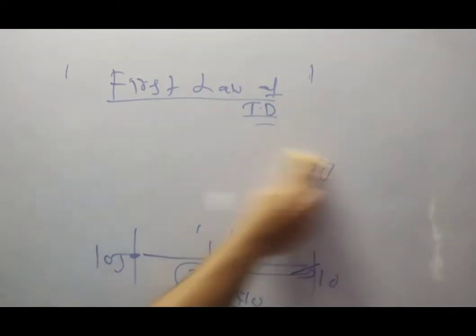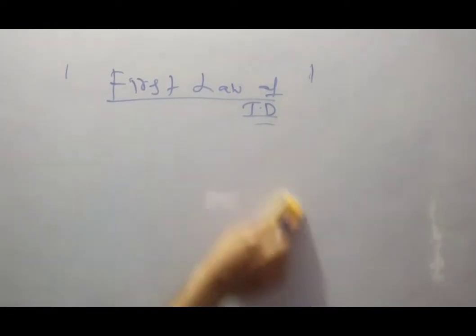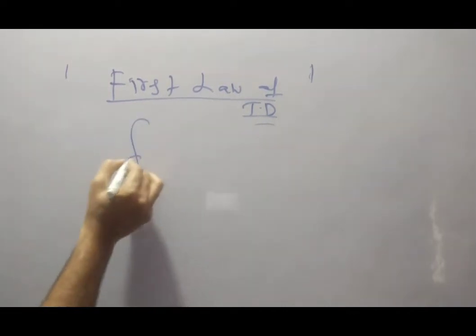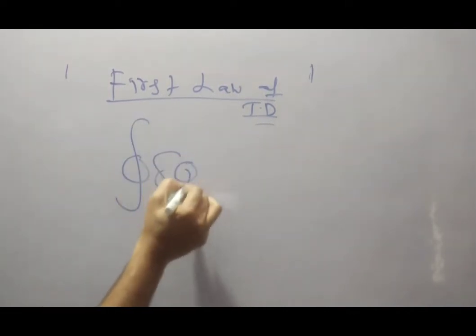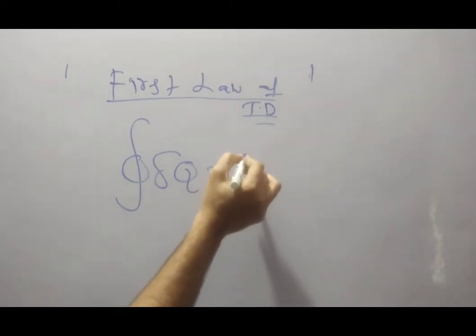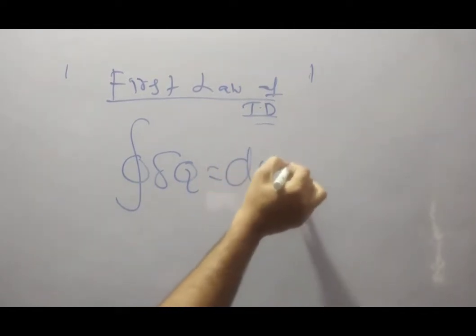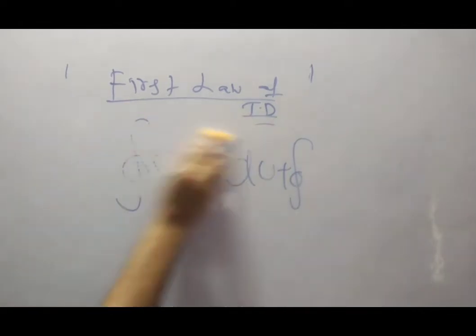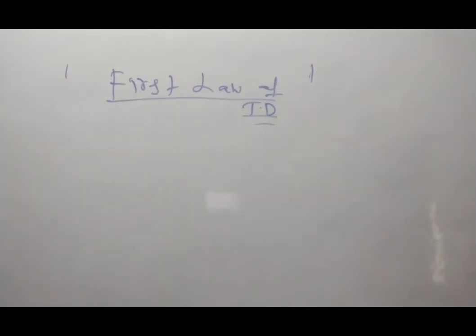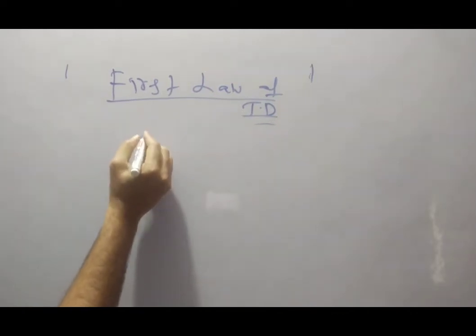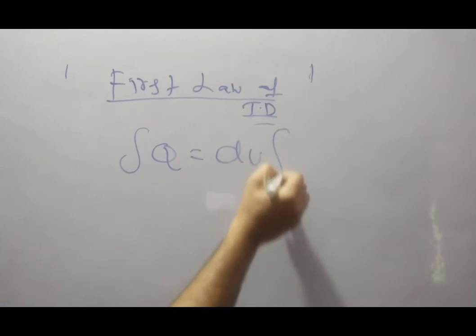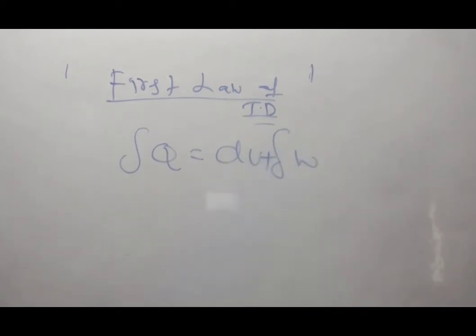So why this law of conservation of energy is important in our first law of thermodynamics is, here you are seeing the statement delta Q equal to dU plus delta W. Okay.